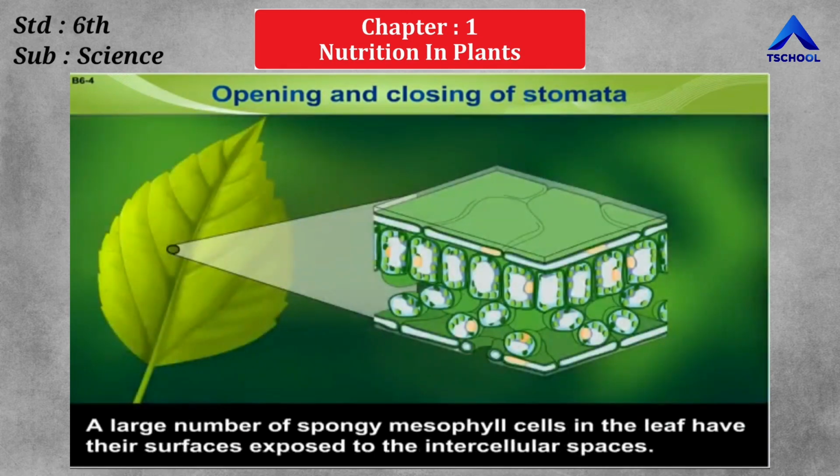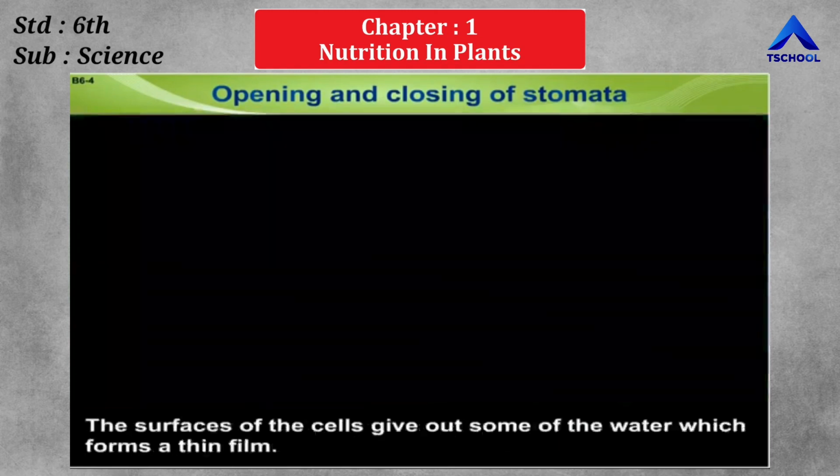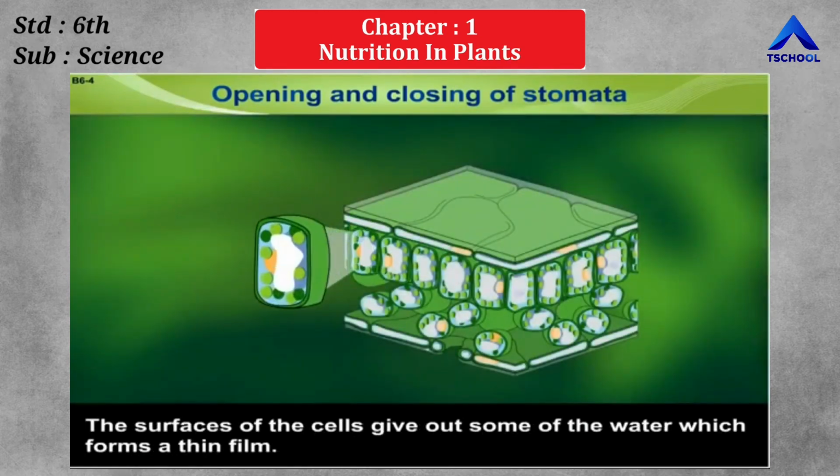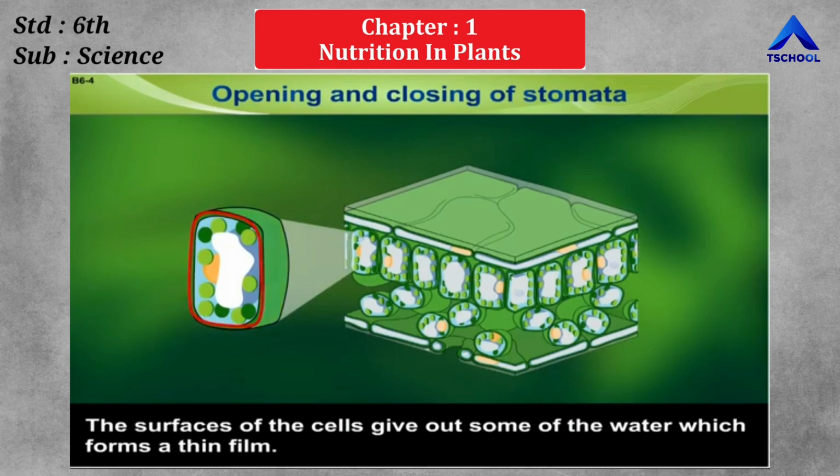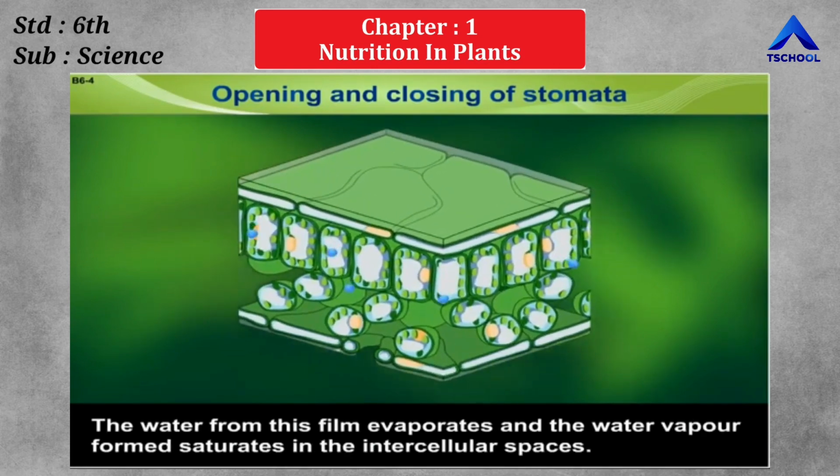A large number of spongy mesophyll cells in the leaf have their surfaces exposed to the intercellular spaces. The surfaces of the cells give out some of the water, which forms a thin film. The water from this film evaporates and the water vapor formed saturates the intercellular spaces.